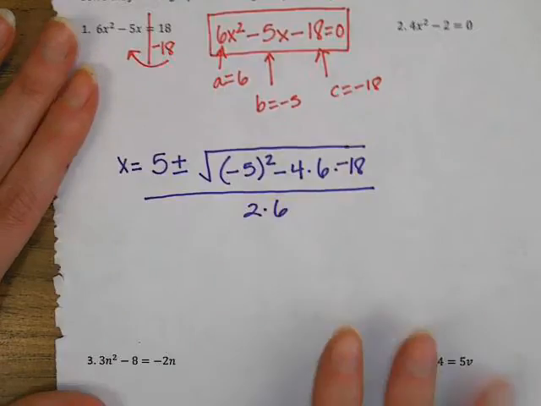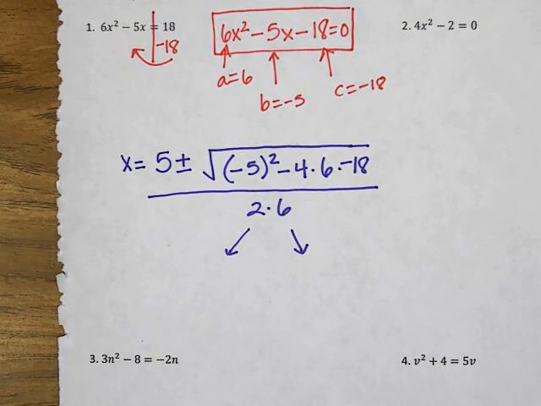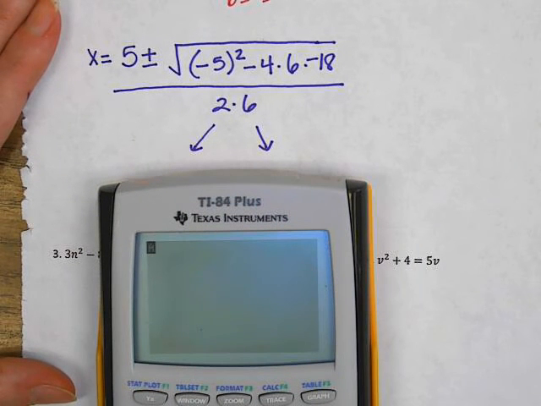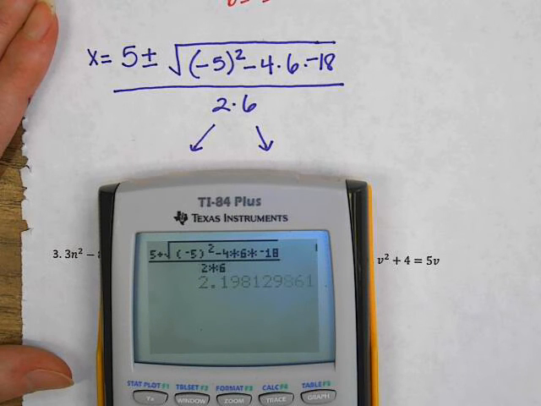Okay, let's go ahead and type it in the calculator and get our two answers. All right, so get your fraction. 5 plus square root negative 5 squared minus 4 times A times C all over 2A. I got 2.198.